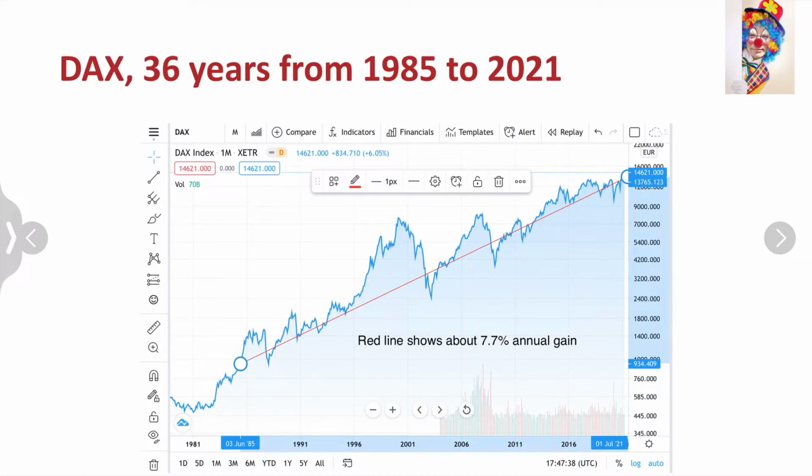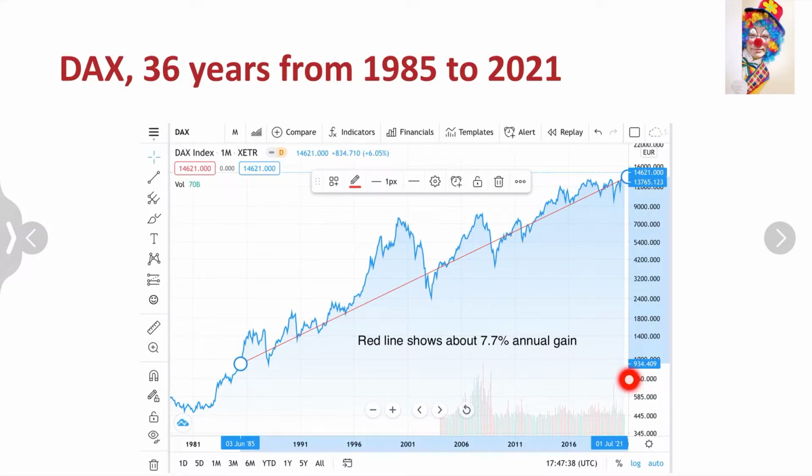And what I draw here is such a straight line, which is approximately the growth. And this line shows 7.7% annual growth.